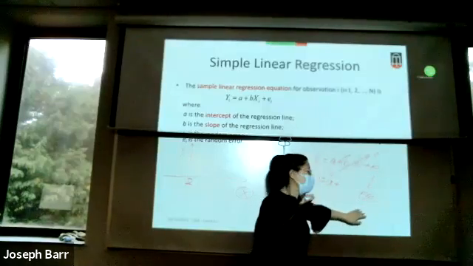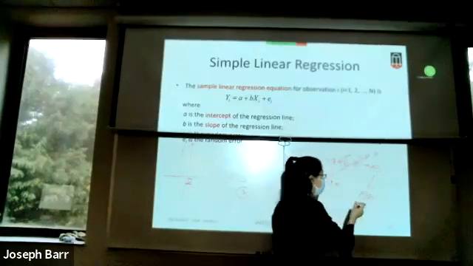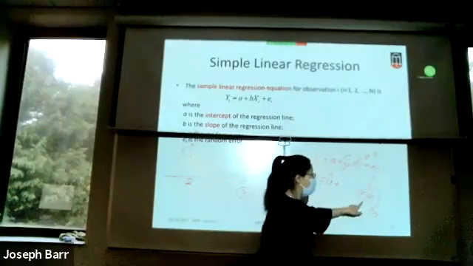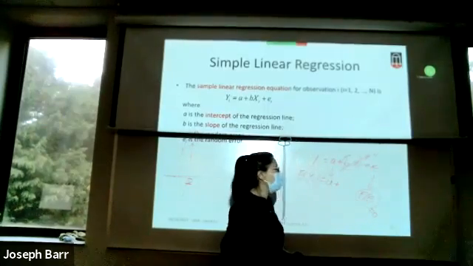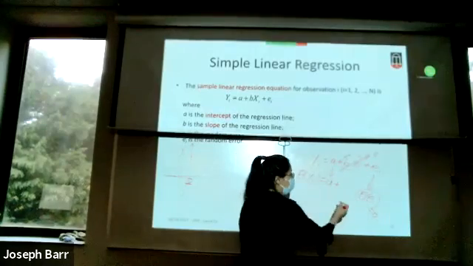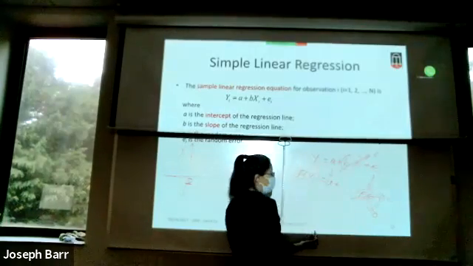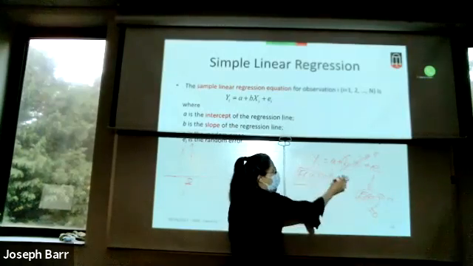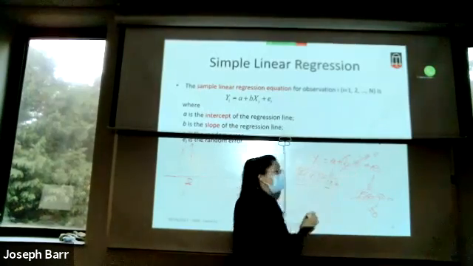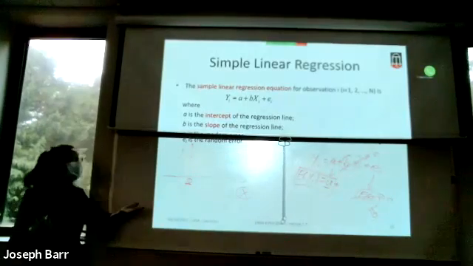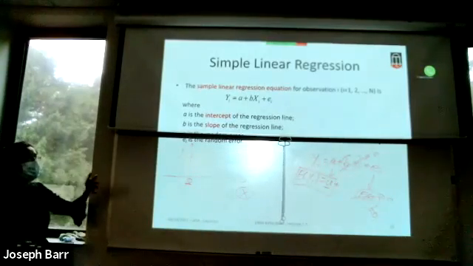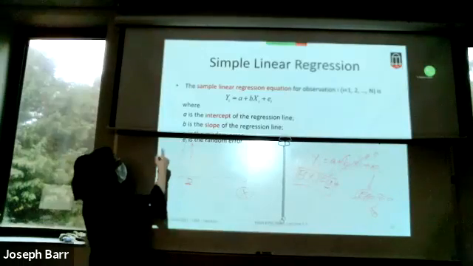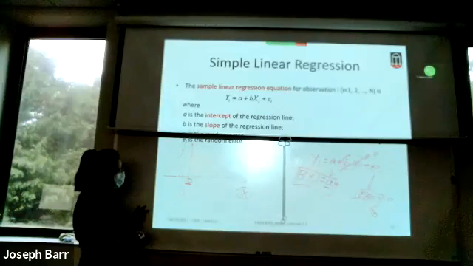But in most cases, we assume the expectation, the average or the mean of the residual is 0. So this part goes to 0. So the expected value of y when x is 0 is our A. A is the intercept, which is the expected y when x is 0. So it's really important to understand the meaning of A.